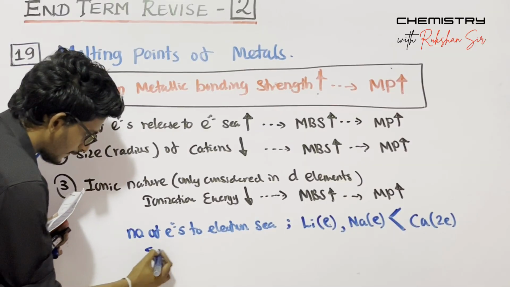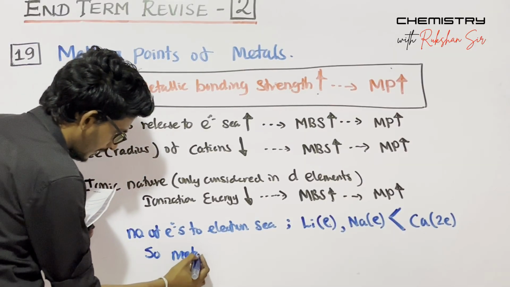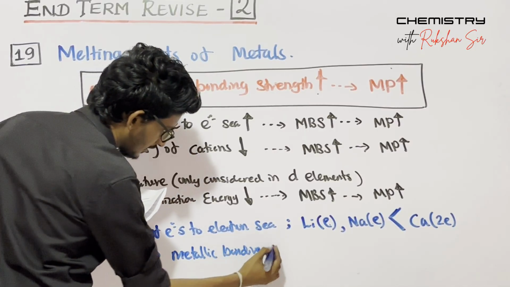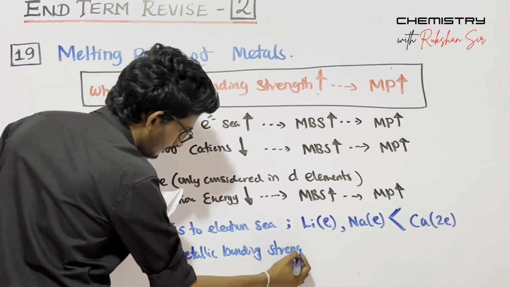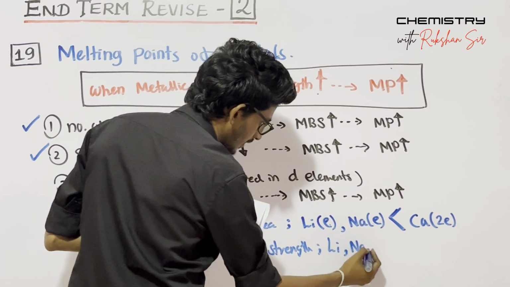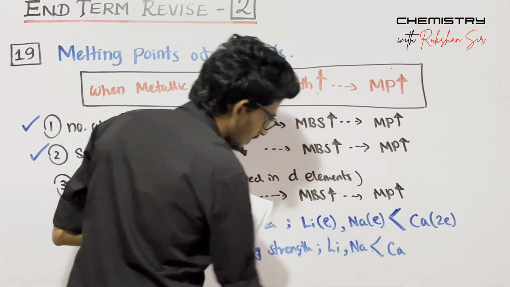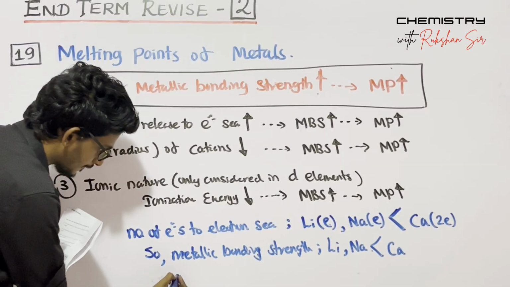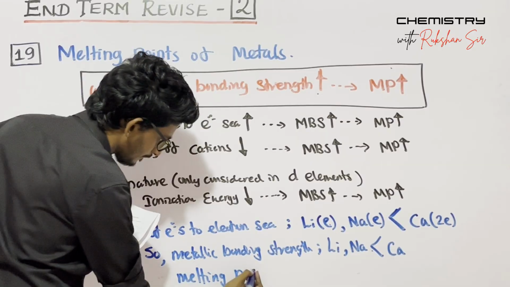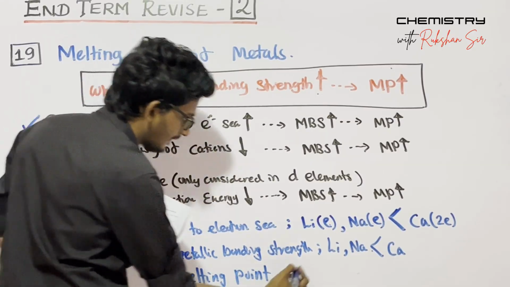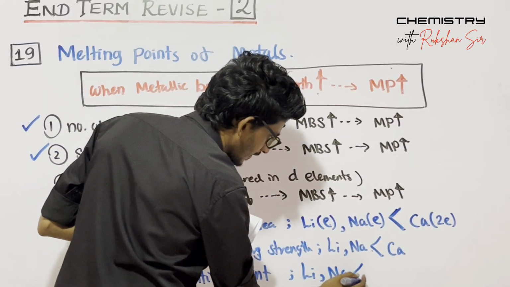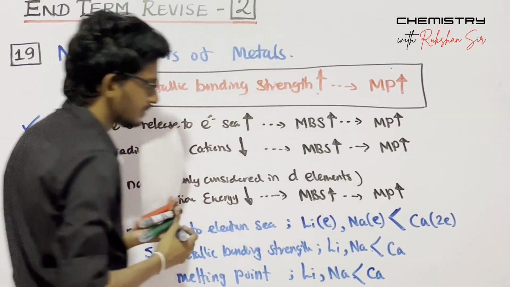So the metallic bonding strength of calcium is greater than that of lithium and sodium, right? So the melting point of calcium is a greater value than that of sodium and lithium.